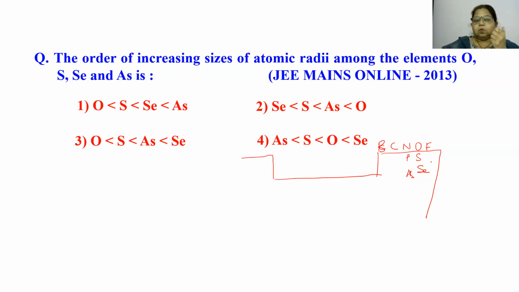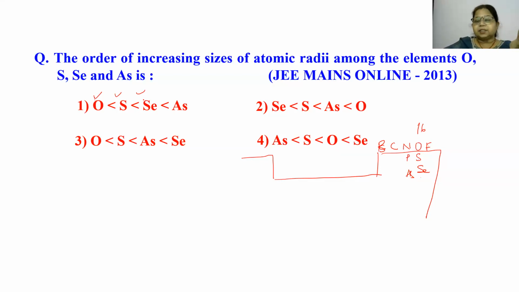So, why is the first option correct? Between oxygen, sulfur, and selenium, since they belong to group 16, and in a group the size of the atom or the atomic radii increases, selenium will be the largest in size, right?